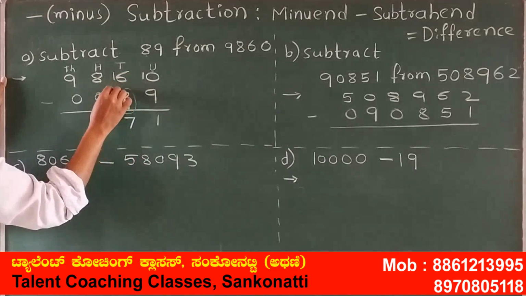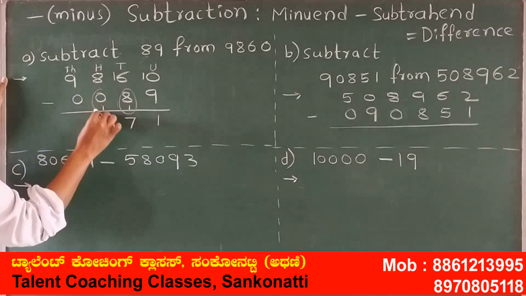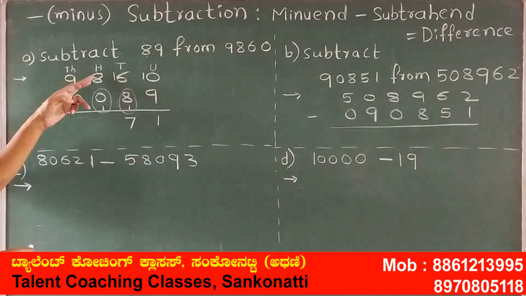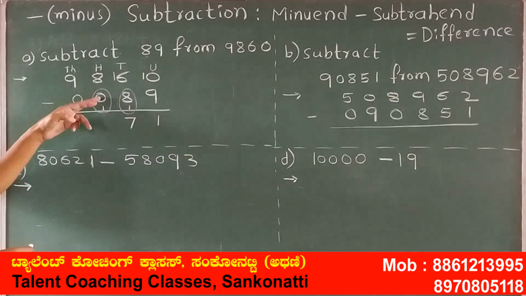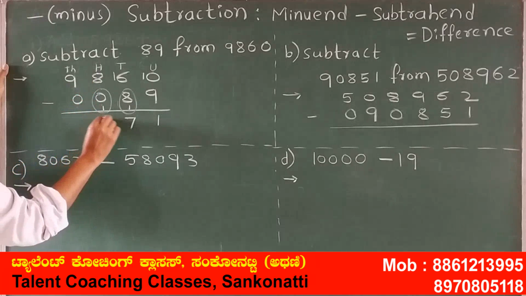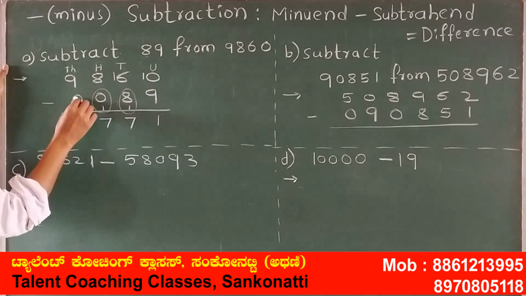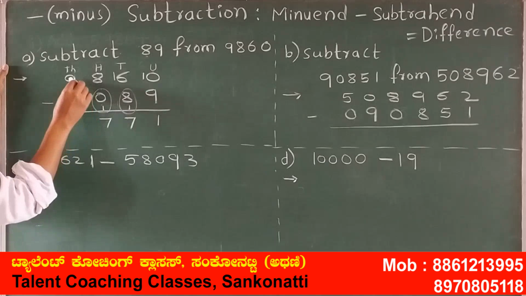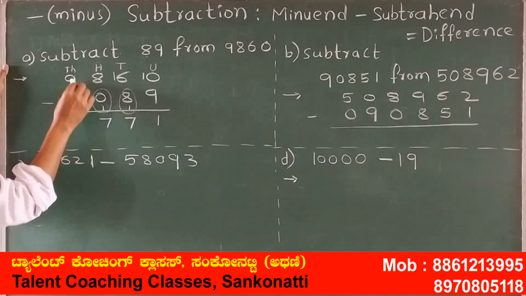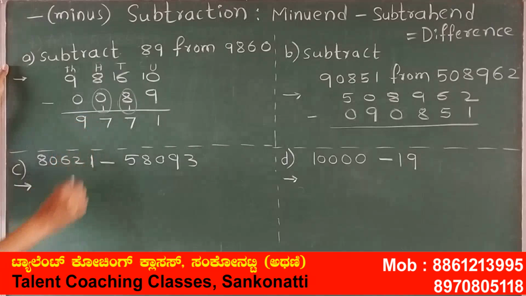The taken carry is once again given back here, and we will add these two numbers to subtract. 0 plus 1 is 1. 8 minus 1 is 7, and 9 minus 0: nothing can be subtracted from 9, so the result is 9 only.